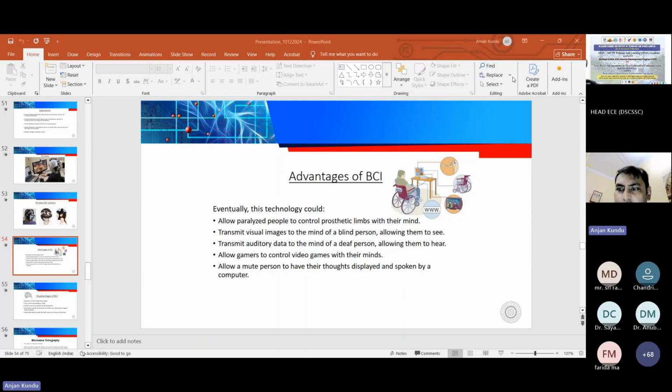Am I audible now? Yes, you are audible. Actually my audio is integrated with the camera. Whenever I switch off the camera, the audio goes down. It thinks that the camera is off, so the device is off. I'm sorry for that.